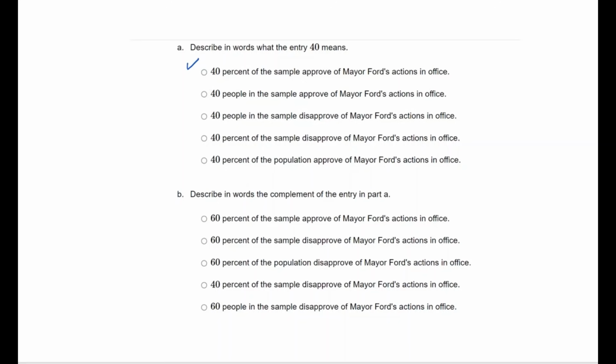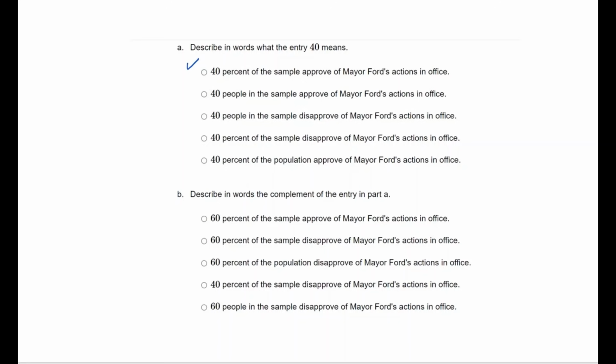The fourth phrase says 40% of the sample disapprove of Mayor Ford's actions in office, which is not true because 40% approved it. And the fifth phrase says 40% of the population approve of Mayor Ford's actions in office, which is totally untrue because we are only talking about the percentage from the sample, not from the population.